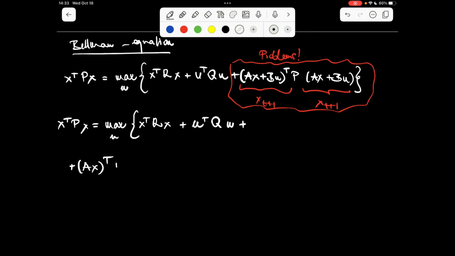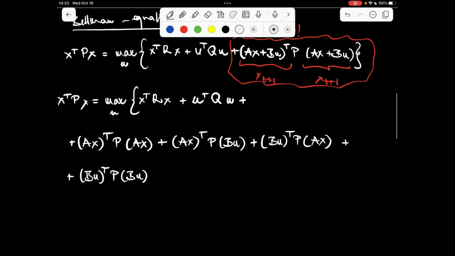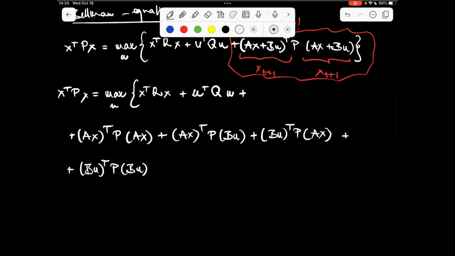Okay, so this is easy because what we do is just looking into the brackets. It's not the final form because we can use the fact.